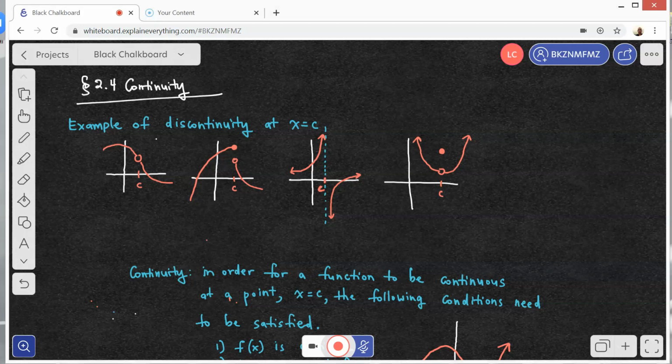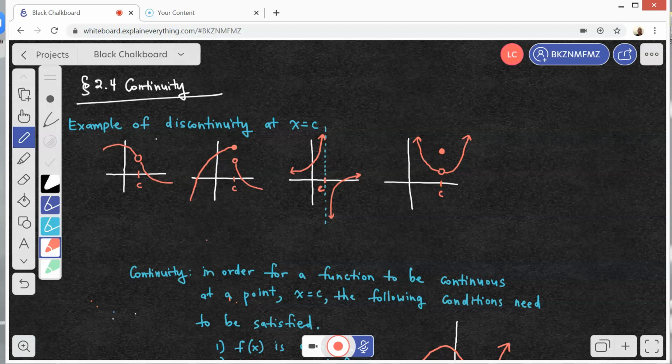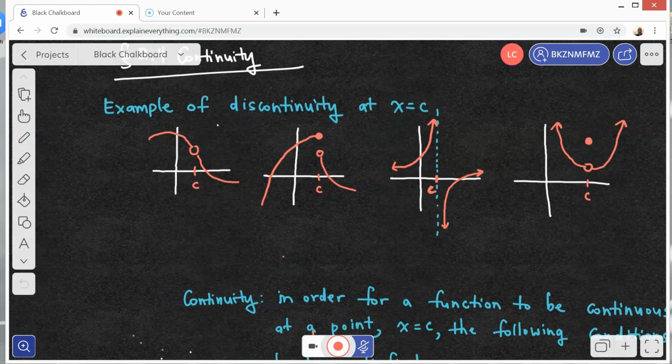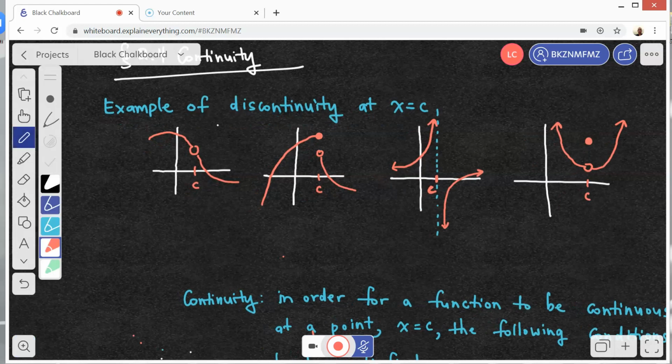So in the first example, go ahead and write this down. We have f of c, and let's just zoom in a little bit bigger so you guys can see this clearly. So we have f of c is undefined.